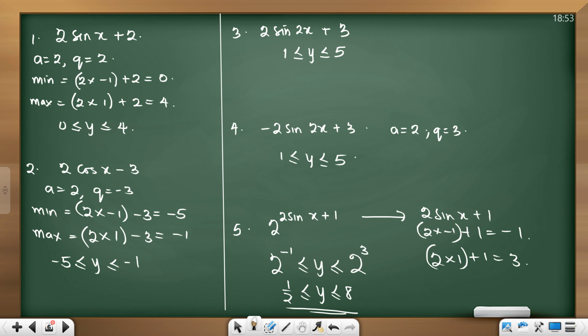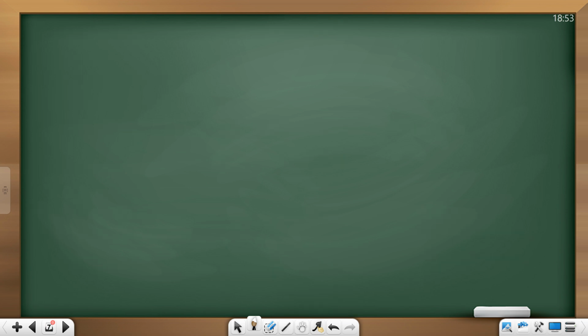Look, are we okay? Sketching a graph. Here we're going to use our calculator to sketch. We're going to use our calculator to get the value. So we'll talk about calculator.